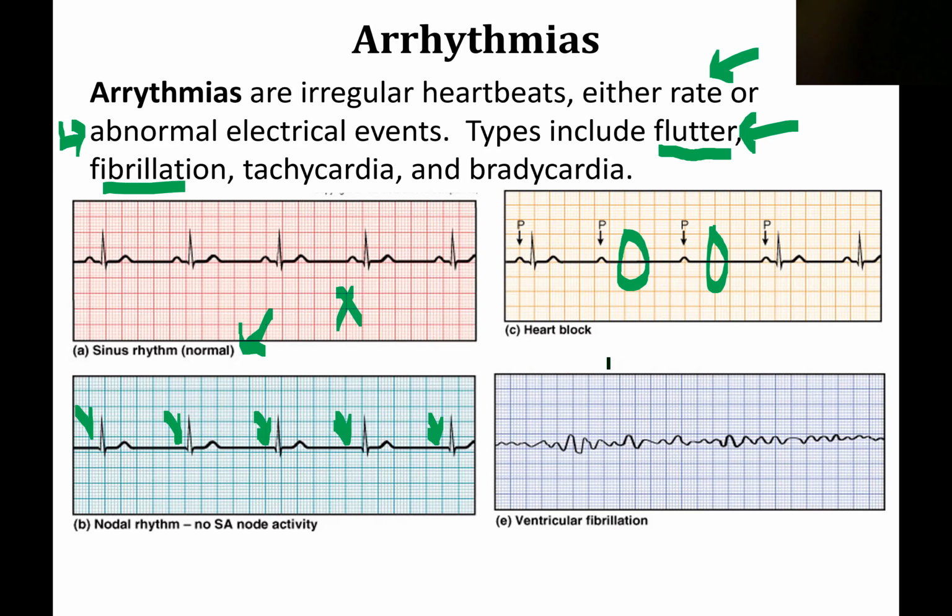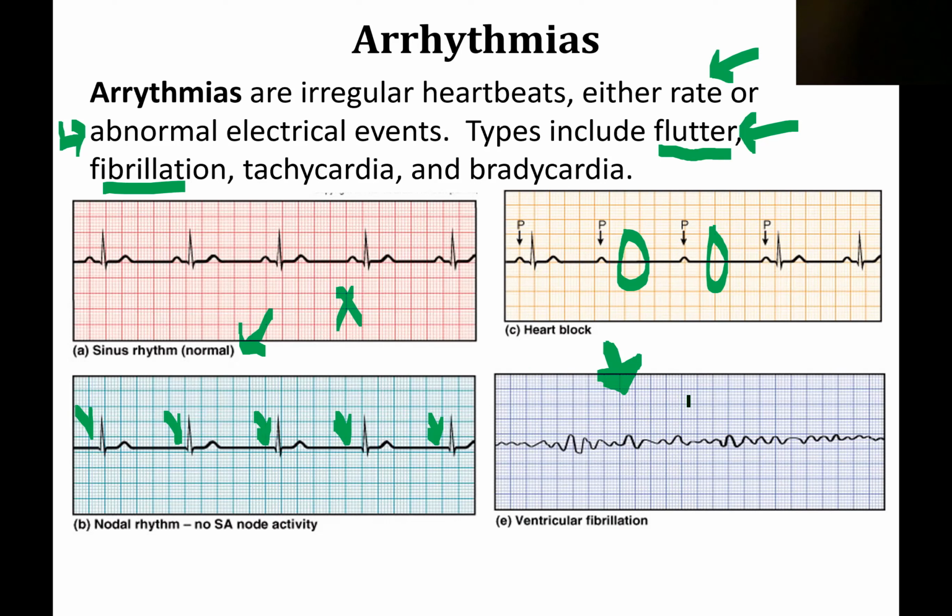With fibrillation, that's what we see here. You see rapid, uncoordinated electrical activity in the heart. Rapid, uncoordinated electrical activity is fibrillation. There are 2 kinds of fibrillations.